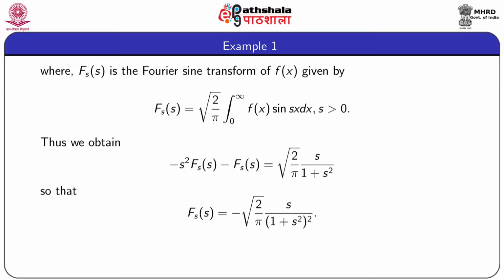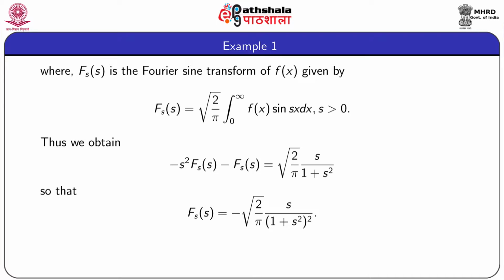I am writing capital F_s instead of capital F_s(s) every time. So, capital F_s is equal to minus root over 2 by pi s by (1 plus s square) whole square.